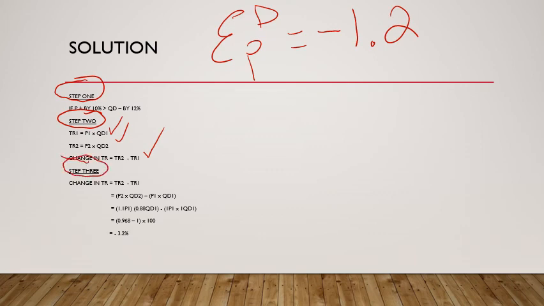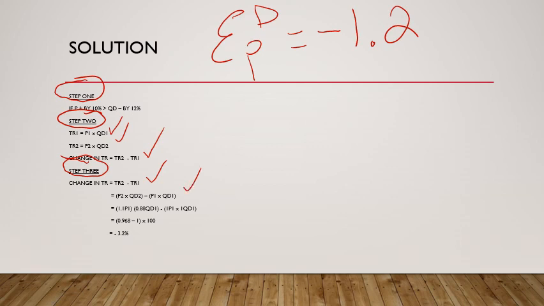Now, in step 3, we're going to decompose. So, we start with change in TR. As we've already seen, the change in TR is equal to TR2 minus TR1. What is TR2? Well, TR2 is P2 times QD2. And what is TR1? TR1 is P1 times QD1.